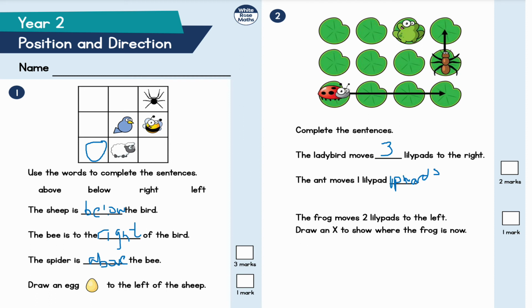U-P-W-A-R-D-S, upwards, sorry. Next one. The frog moves 2 lily pads to the left. Draw an X to show where the frog is now. Well, 2 to the left, actually 1, 2. Remember that this is left when looking at the screen, so it goes here. So the cross goes there.